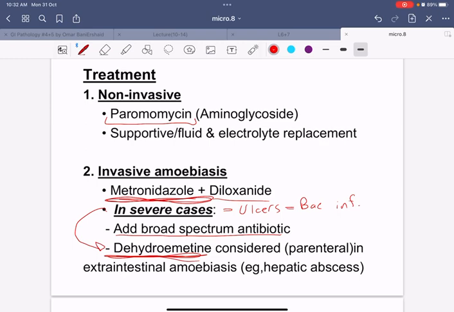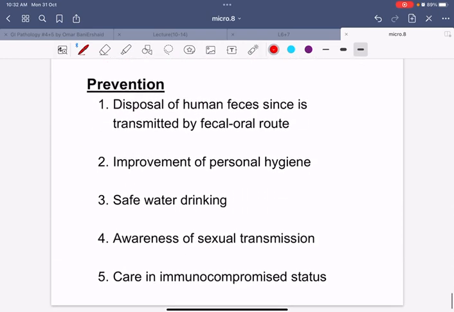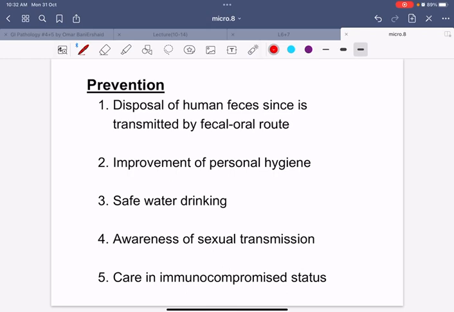Prevention: disposal of human feces. Remember, the reservoir is human. Since it's transmitted by the fecal-oral route, you have to check the workers in restaurants and delivery. They should be checked for amoebiasis, giardiasis, and hepatitis, because they transmit the disease.